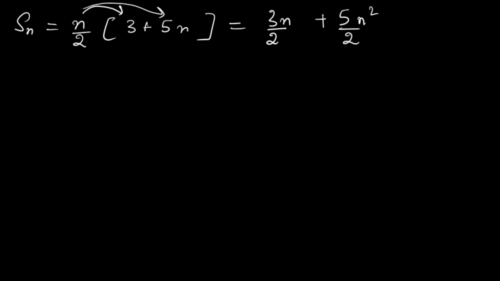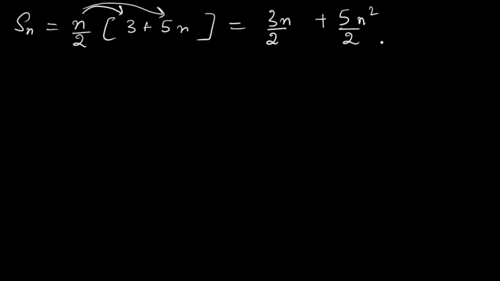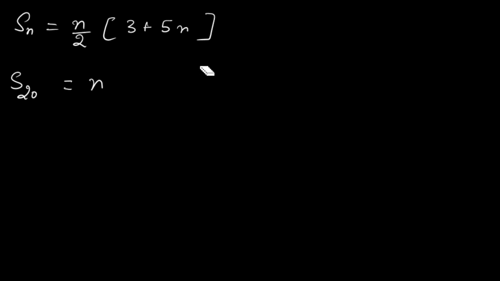Now we have to find S20. It's mentioned in the question: find the sum of the first 20 terms. Find the sum of the first 20 terms means we have to find S20. N's value we can directly substitute as 20. I'll consider the first one only because the calculations will be a little easier.